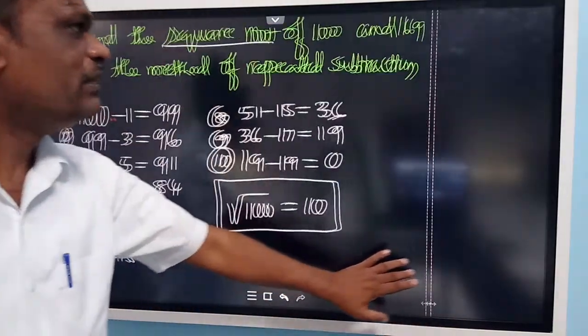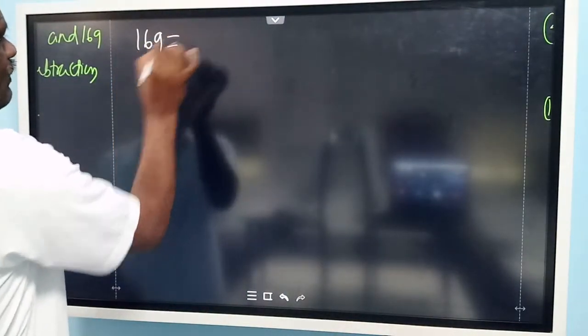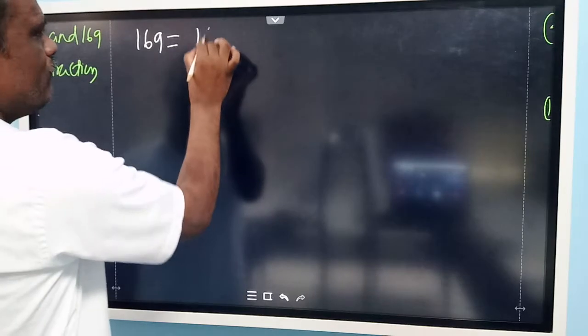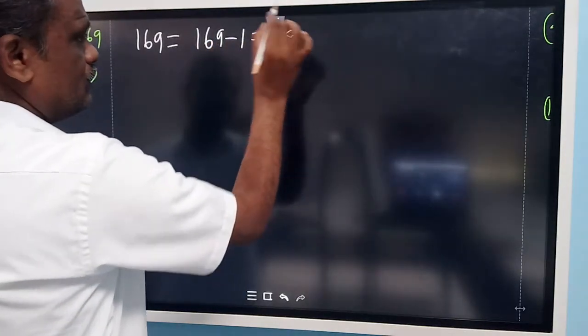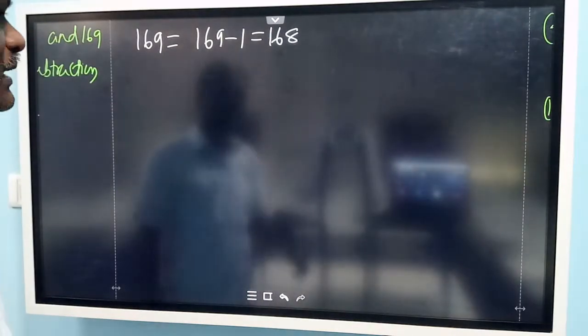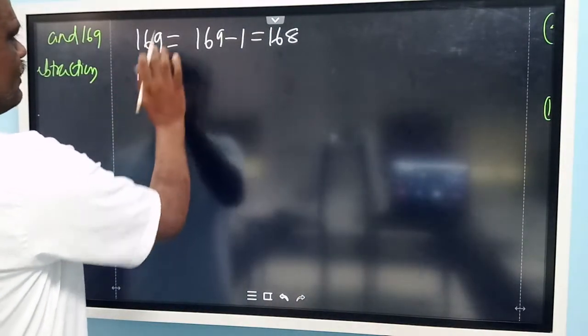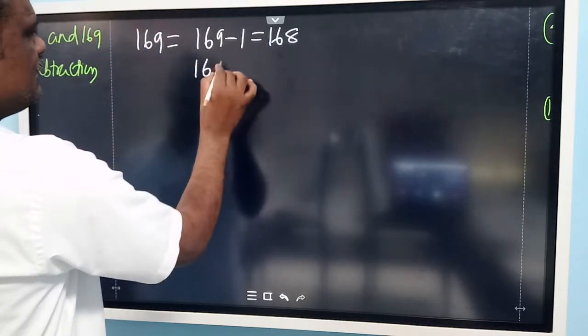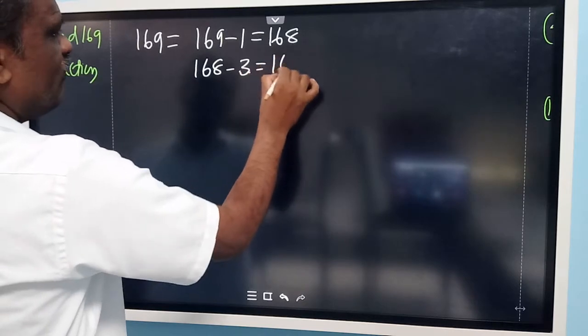Now again, we will do this for 169. Come on, tell me one by one. 169 minus 1, 168. 168 minus 3, 165.